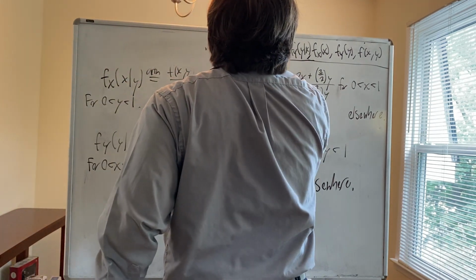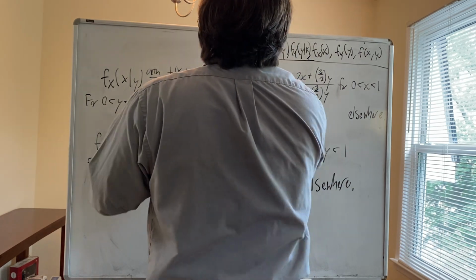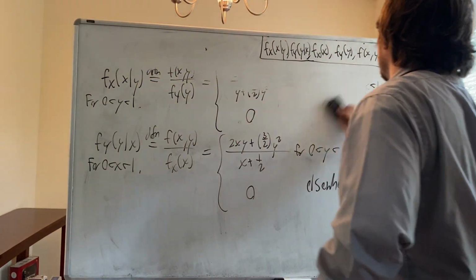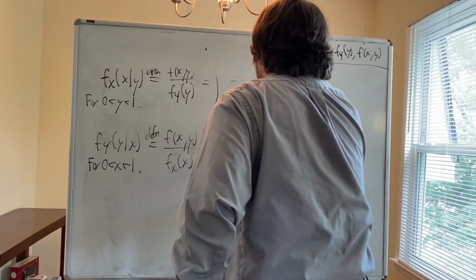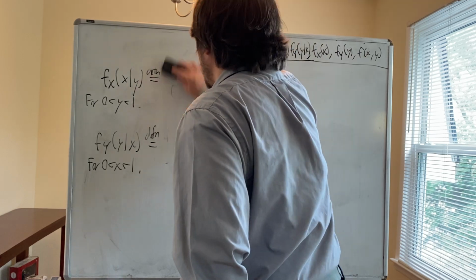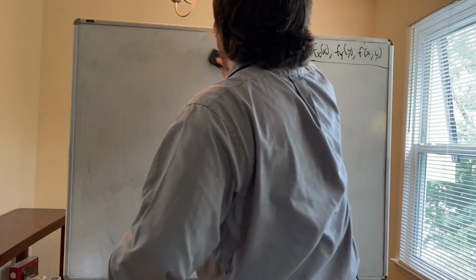I'm going to leave this top part here. These are the 5 functions we have. Depending on what the question's asking, in future parts, we need certain ones of those 5.